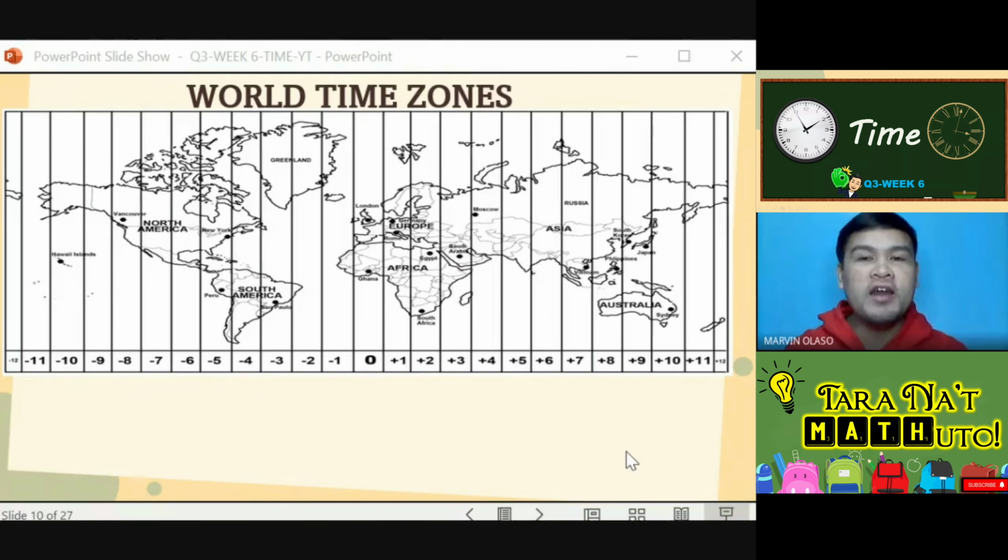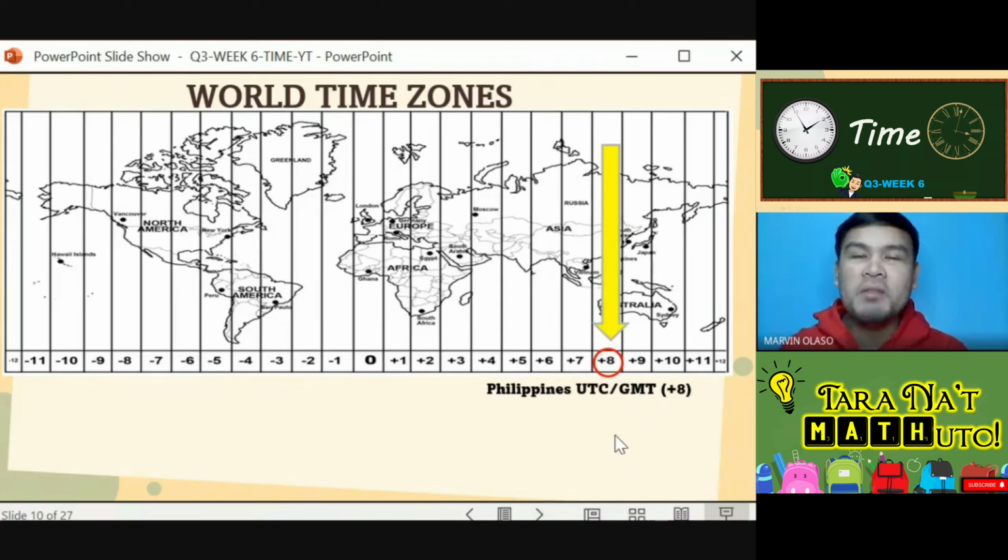Since we are here in the Philippines, tatandaan nyo lagi, baka matanong kayo, that we belong to positive 8 po ang ating UTC or GMT. Pakitandaan nyo. Again, ang ating bansa ay may UTC or GMT na positive 8.